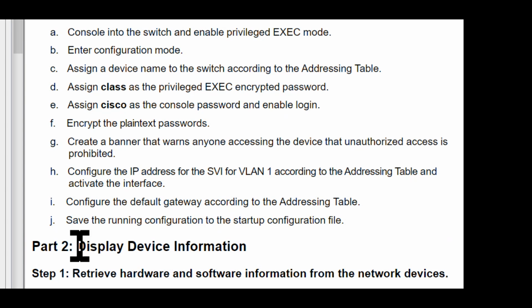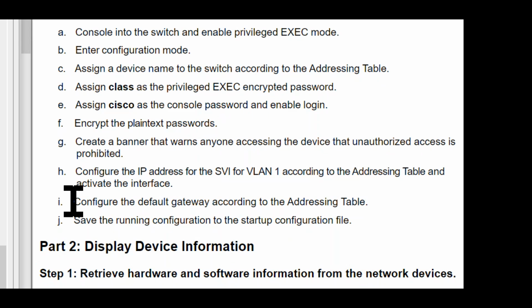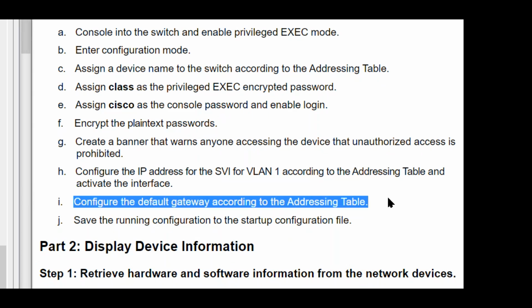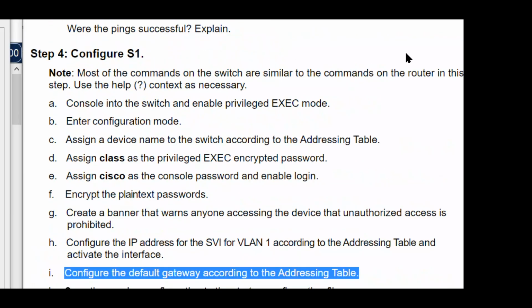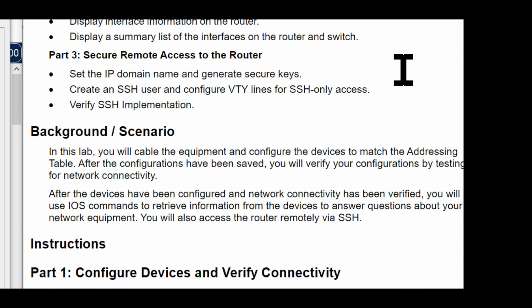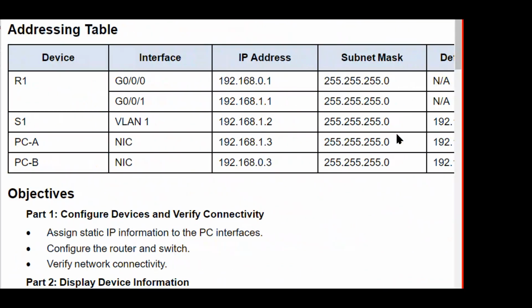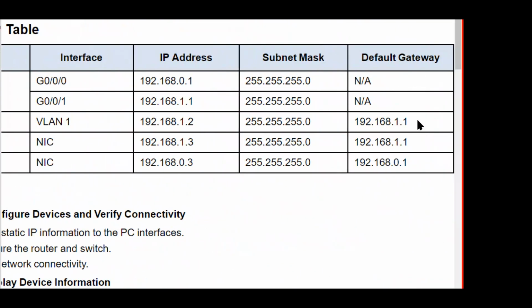Okay, so let's define the default gateway for the switch. According to the addressing table, the default gateway is 1.1.